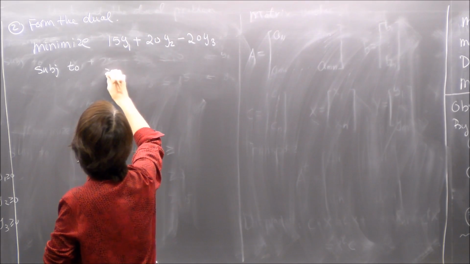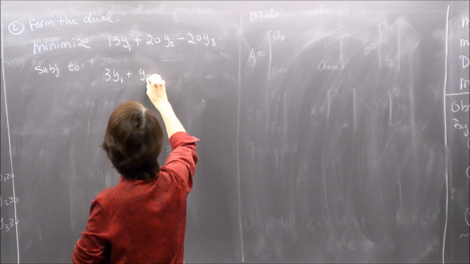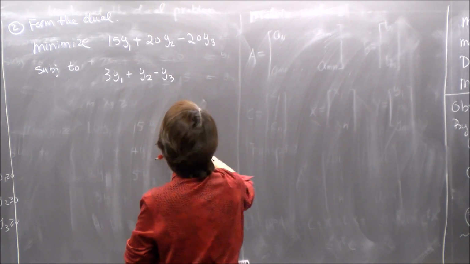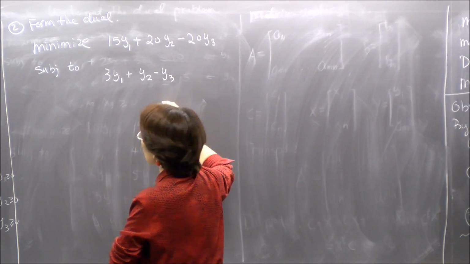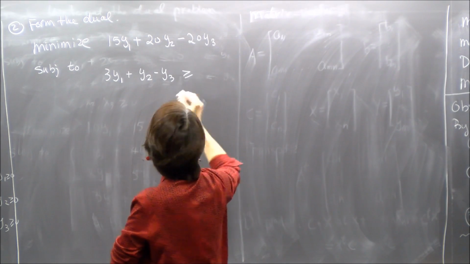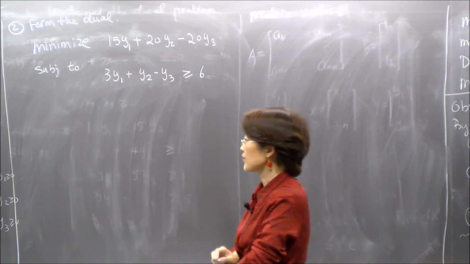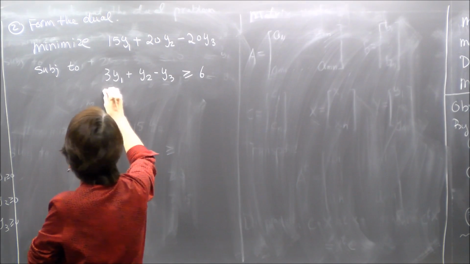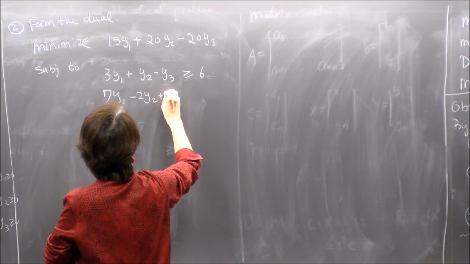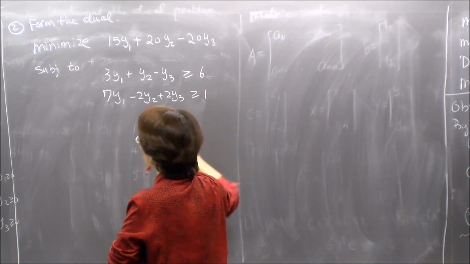So I hope this step is obvious. 3y1 plus y2 minus y3. You take those coefficients and multiply by the y's, and then I will have bigger than or equal to the coefficient in front of x1 there, 6. Is that okay? I'll write out the second one without much fuss: 7 y1, 2 y2, 2 y3, bigger than 1.